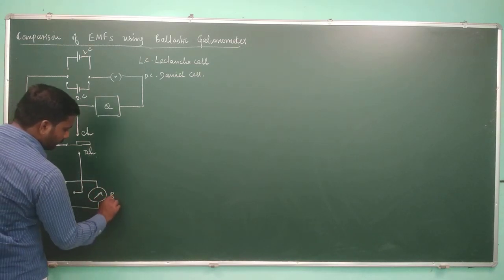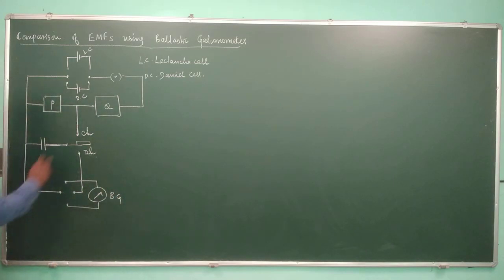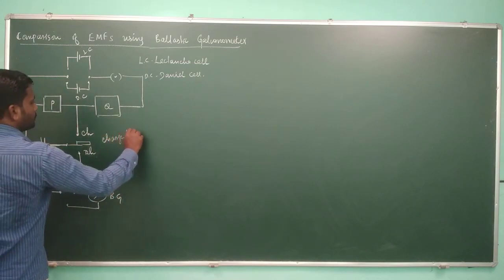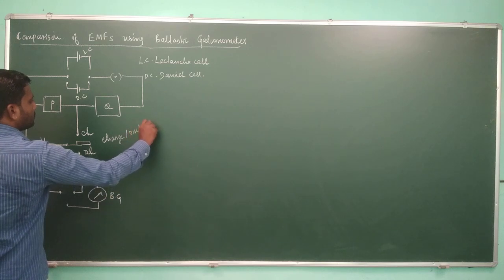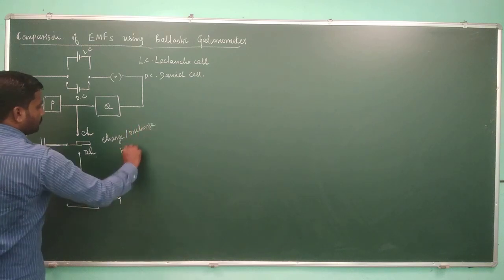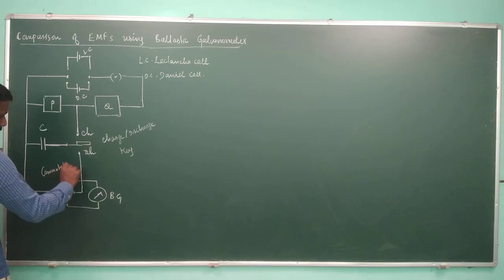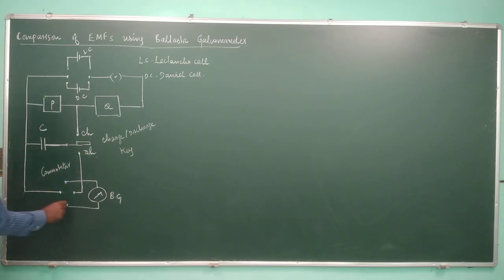So this is the ballistic galvanometer. This is the charge discharge key, and it is a capacitor C, and this is the commutator. It is used to reverse the polarity of the potentials. Okay. So this is the experimental setup.